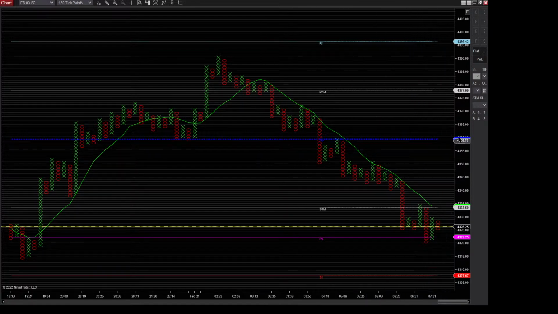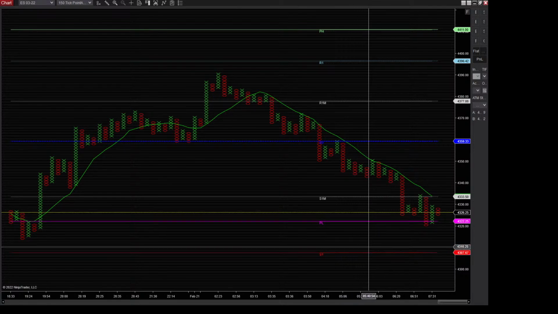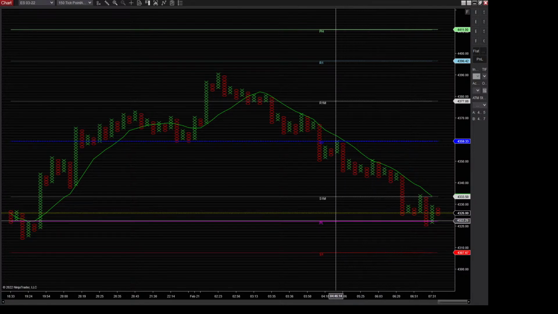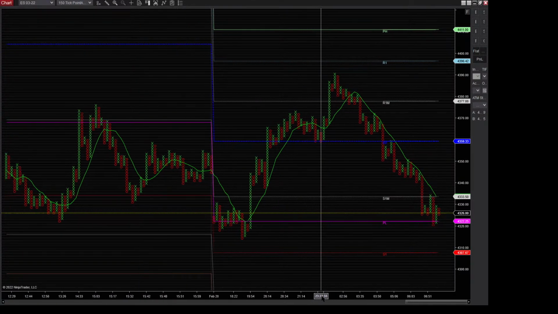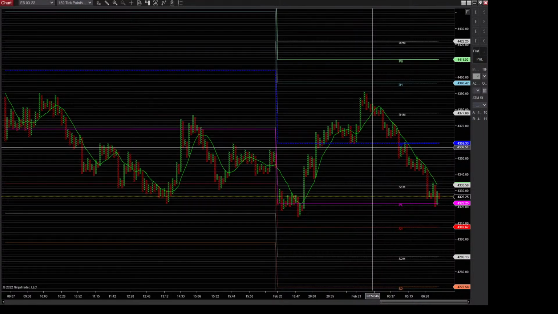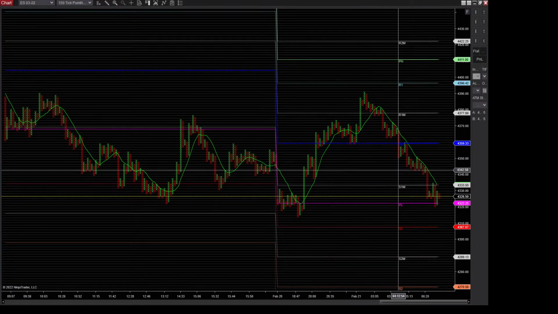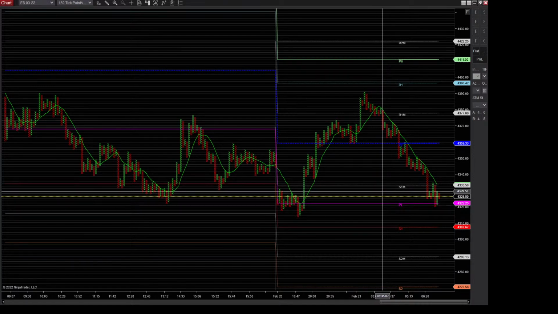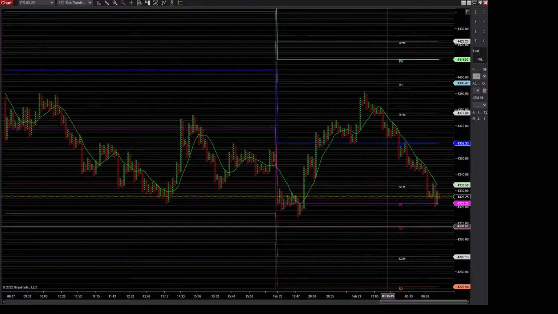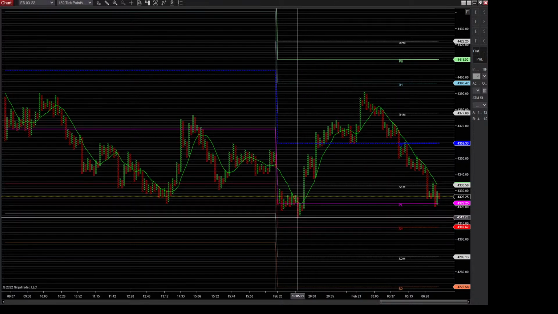It's a little bit extended already, but it's at the previous low. We'll see if it goes down to S1. It's away from the pivots right here. It already went through the mid of S1, and we'll see if it goes below that previous low in the overnight.